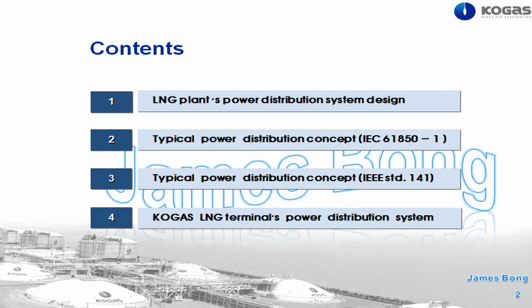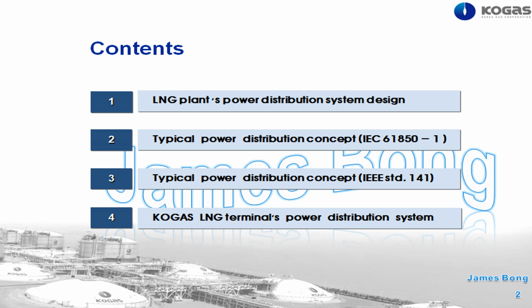This presentation introduces LNG plants' electric power distribution systems, but this knowledge can be applied not only to LNG plants but also to large-sized plants like oil and gas refinery plants or chemical plants. This presentation consists of 4 chapters.